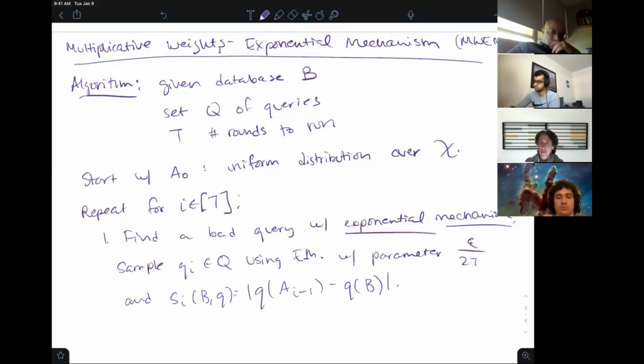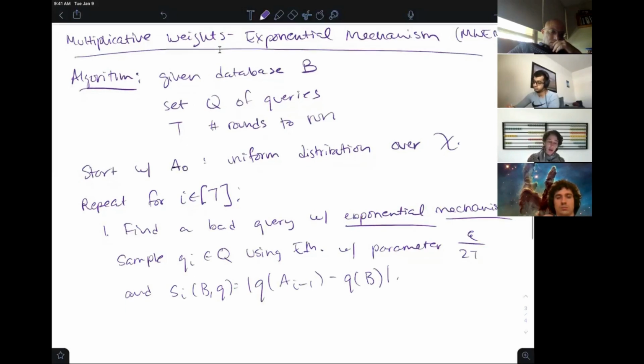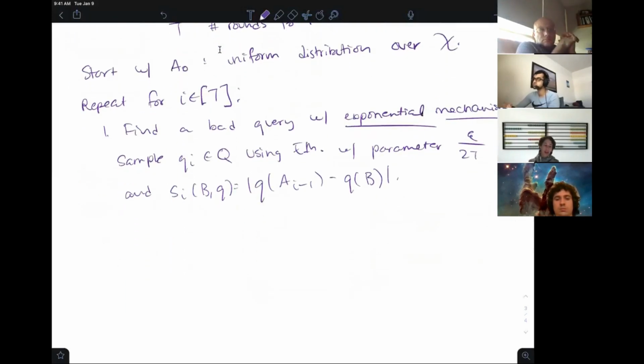Okay. So that's a way of getting a bad query in a differentially private way. Now that I have that bad query, a query on which my candidate database is doing badly, I want to figure out how to improve my candidate data with respect to that query. So I'm going to first measure that query with the Laplace mechanism.